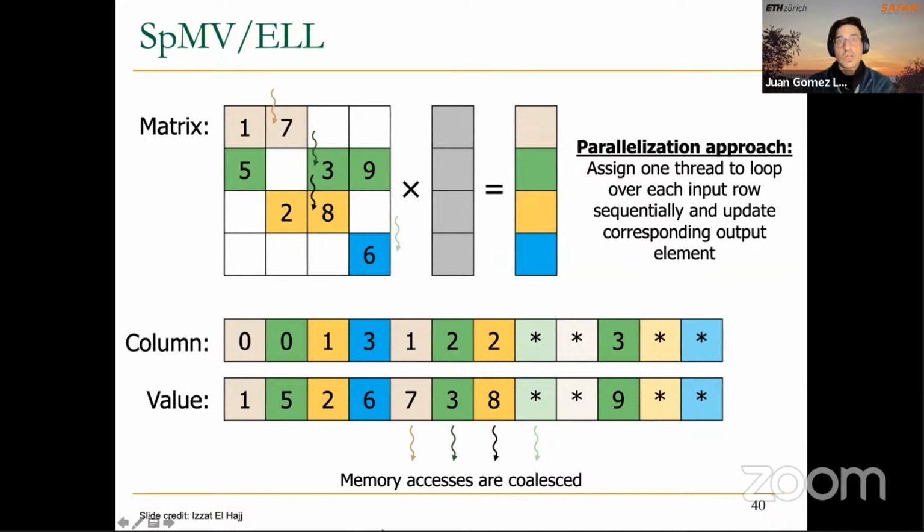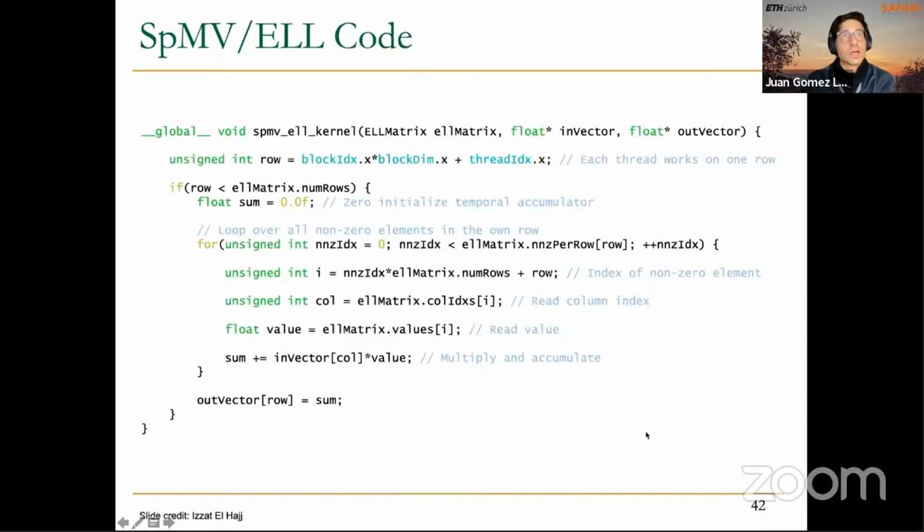This is the second iteration, and now observe that some threads start retiring because not all rows have the same number of non-zero elements, and the execution continues, and more threads retire. This is the code corresponding to this SpMV implementation using ELL format.